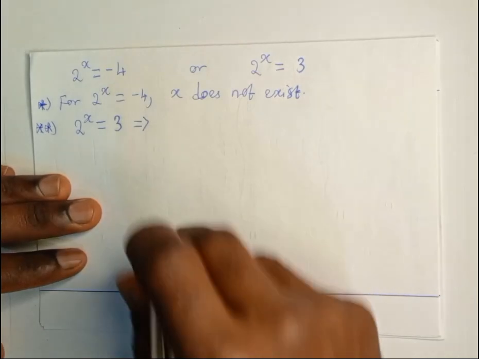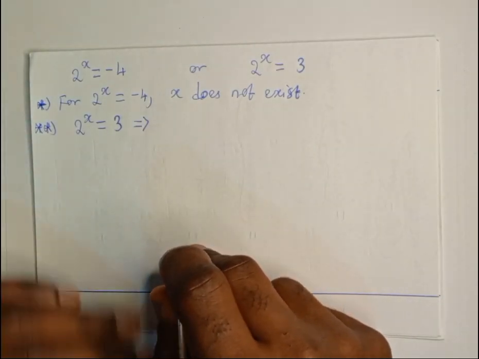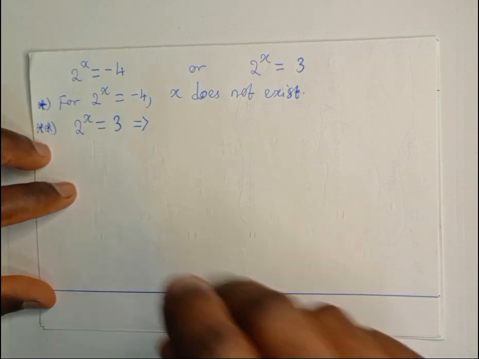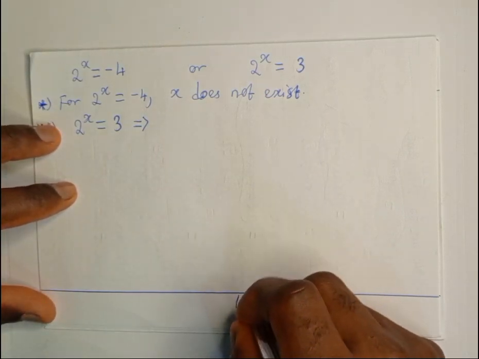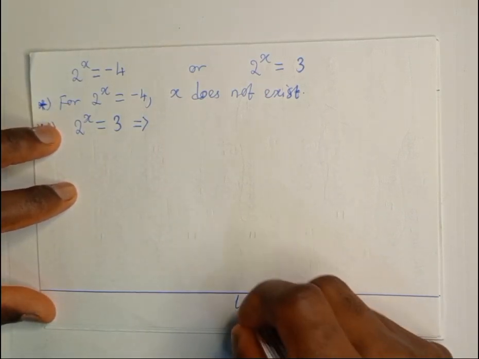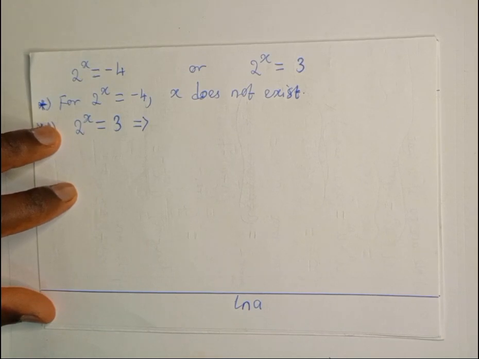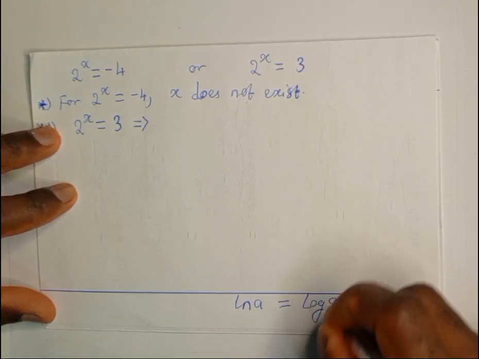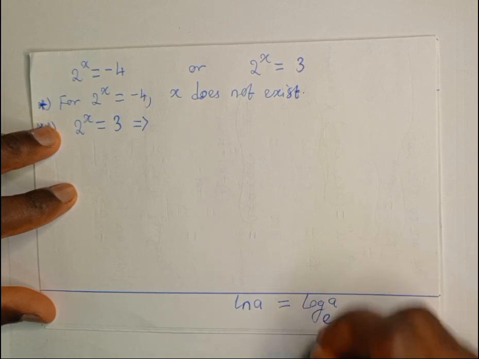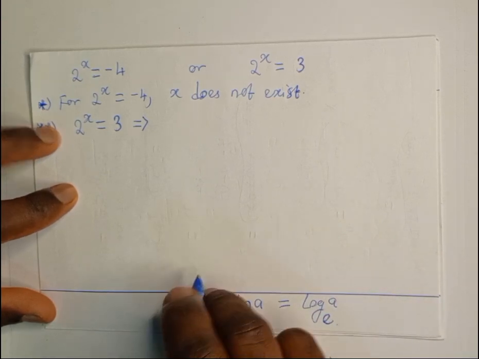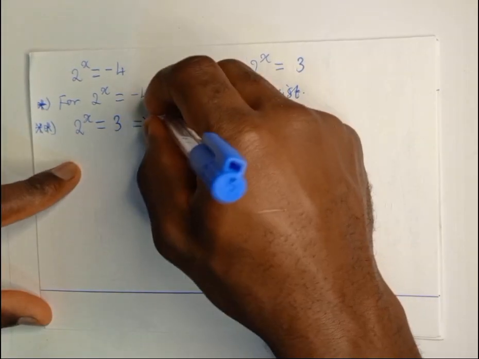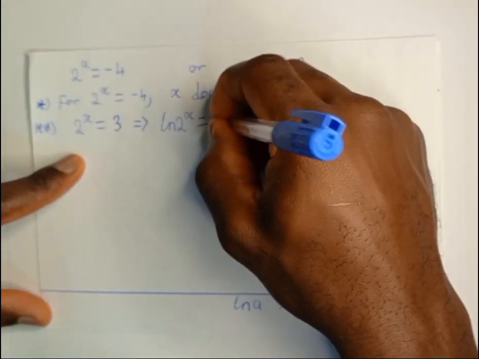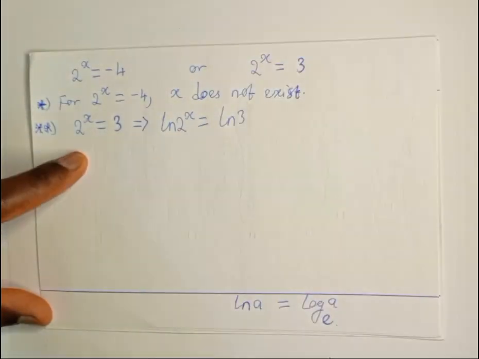then if we take log to the base e on both sides, that is ln. If we take the ln of a, it is simply equal to the log of a base e. e is a constant. We are going to take ln on both sides. The ln of 2 raised to the power x is equal to the ln of 3.